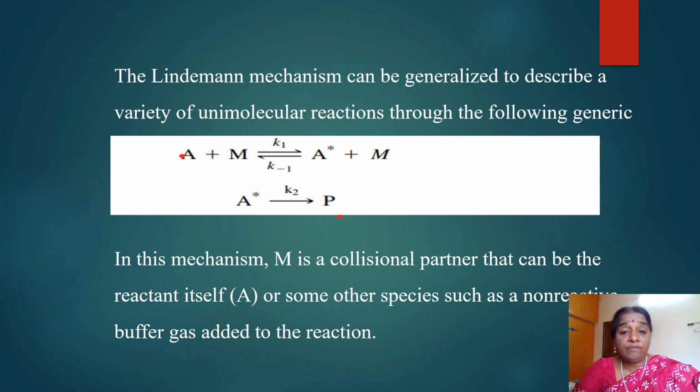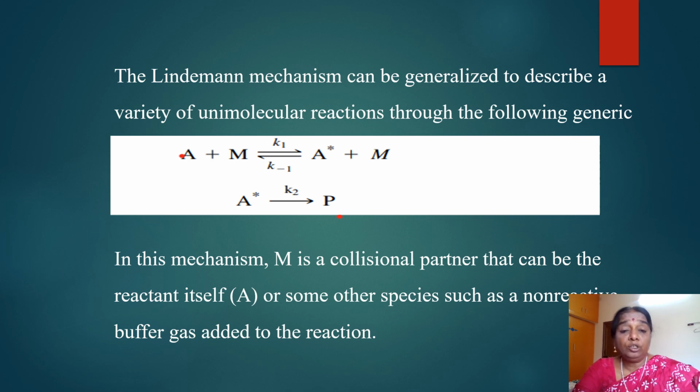After the forward reaction there is a time lag, and during that time the A star may undergo two types of reactions. Either it may get deactivated or de-energized, whereby the A star having extra energy loses its energy by another collision with the reactant M having less energy, or it may decompose to give the product.